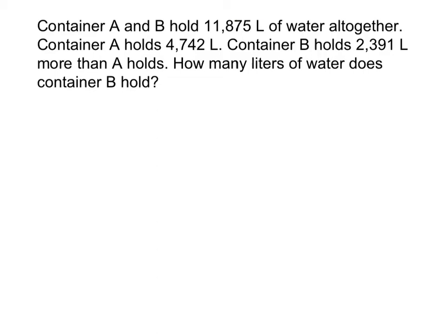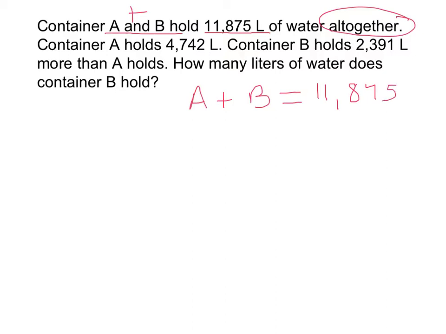Container A and B hold 11,875 liters of water all together, which means A plus B is going to equal a total, because all together means total, 11,875.